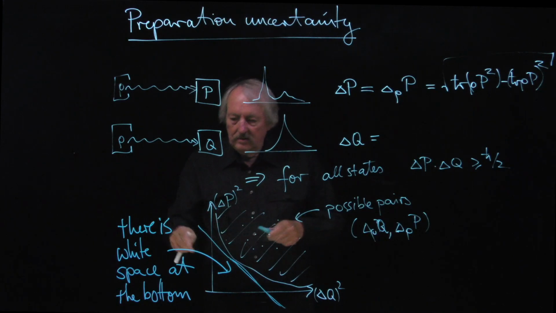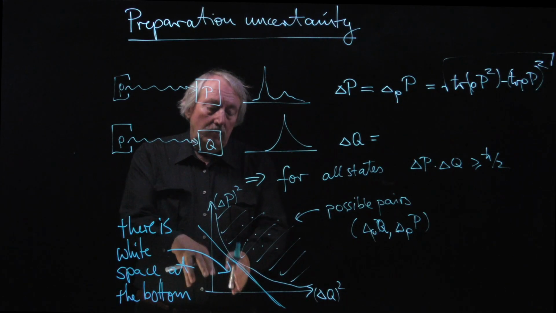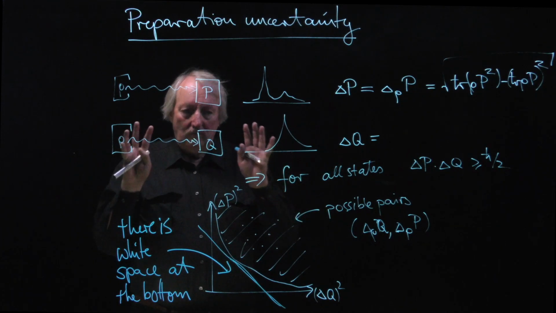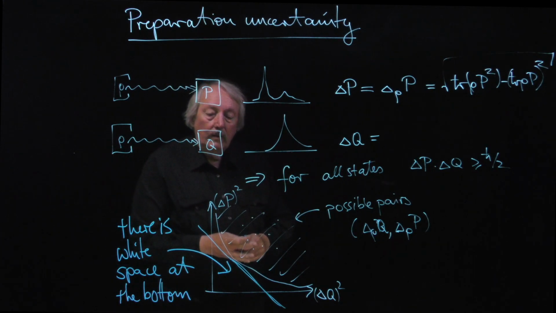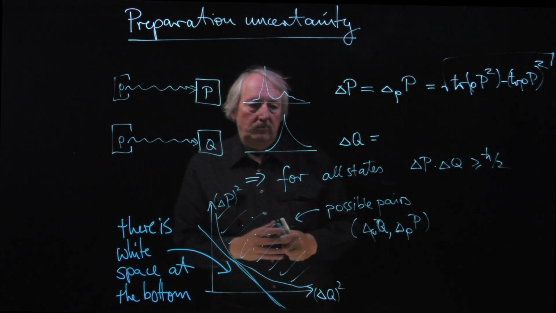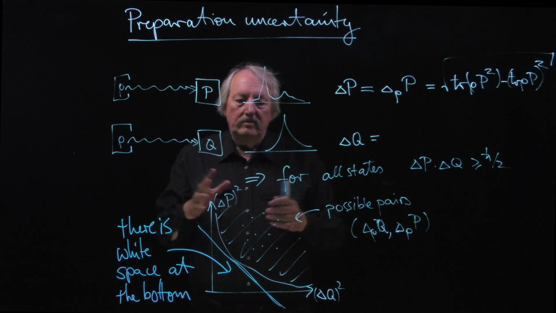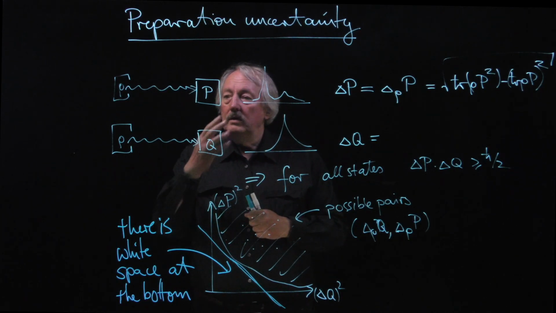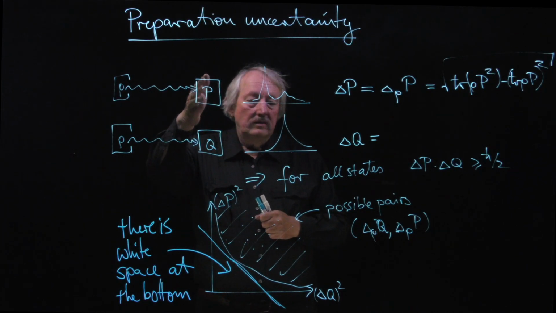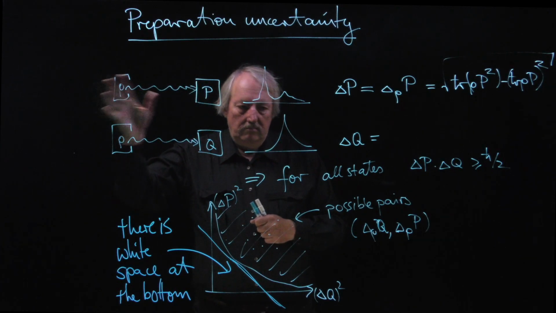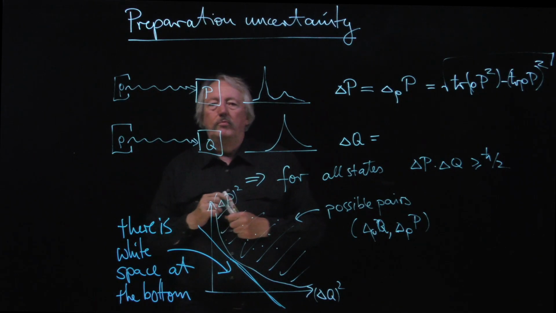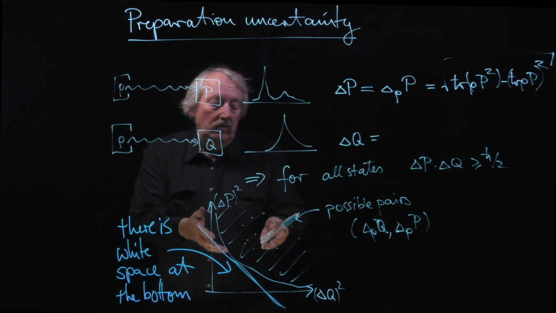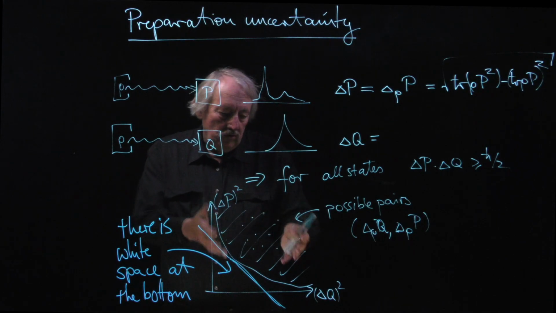The important thing is that you cannot make both small, and there are universal bounds that don't depend on the state. That's the whole point, that they don't depend on the state, that tell you you cannot make both small. So this is the idea of uncertainty. Now, in this generalization, you can immediately exchange P and Q for any observable you could come up with, and investigate it with such a diagram.